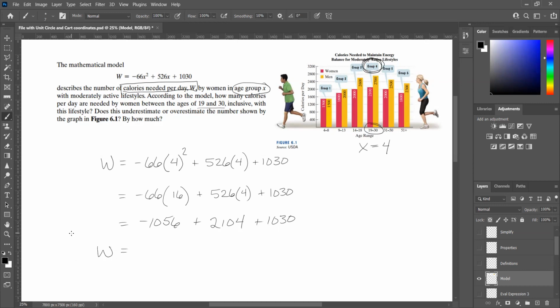So we've got negative 1056 plus 2104 plus 1030. And that gives me 2078. So that's suggesting that a woman between the ages of 19 and 30 would need to eat 2,078 calories per day.